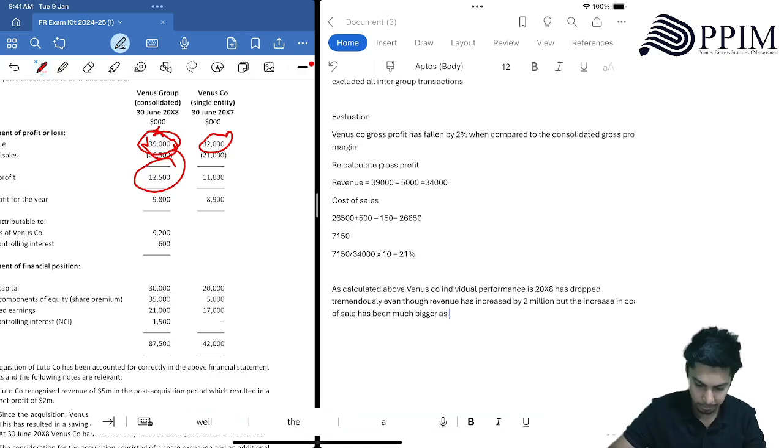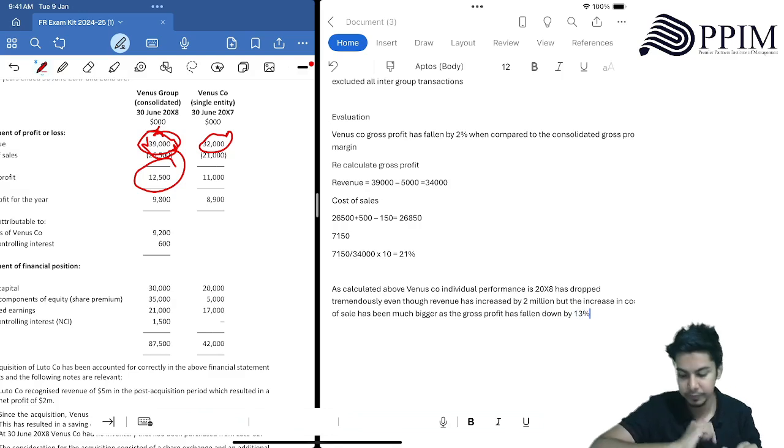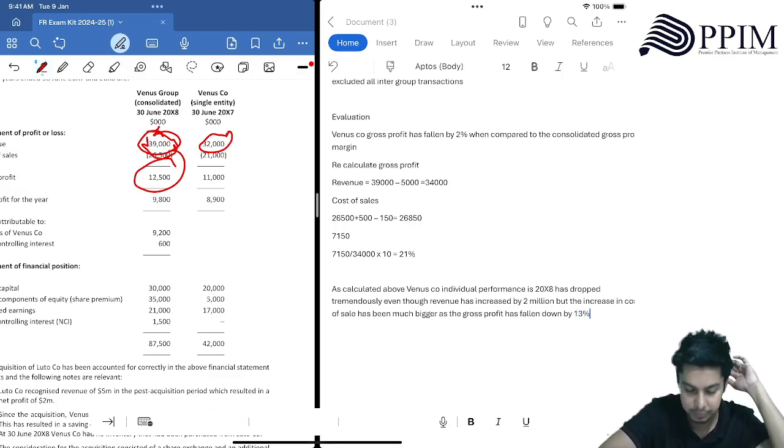As the gross profit has fallen down by at least 13%.